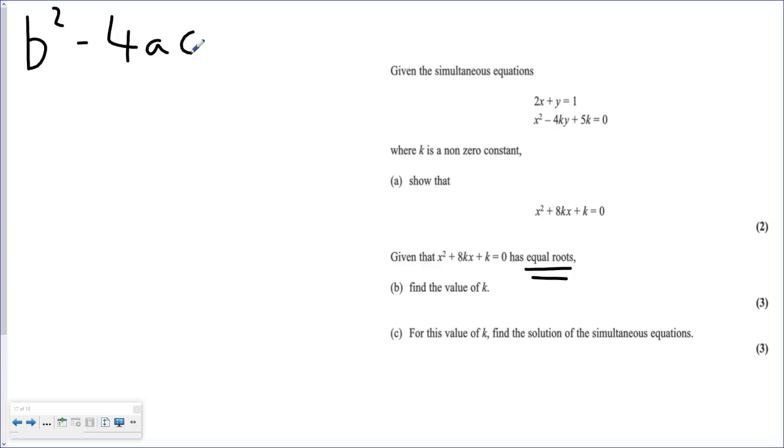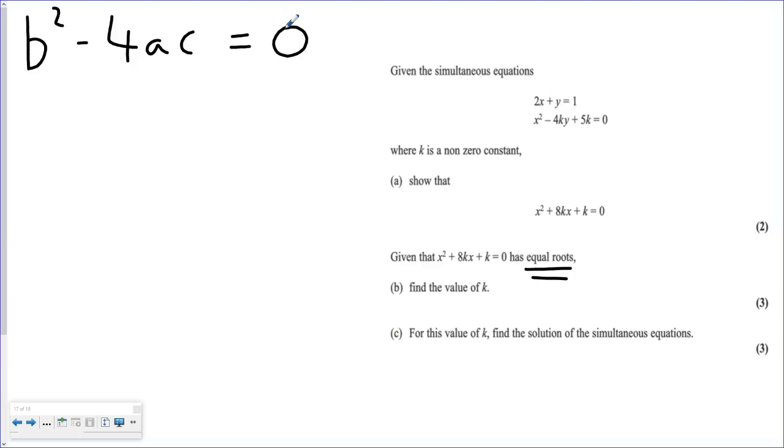This will tell us how many roots, so how many places where it crosses the x-axis an equation will have. So if b squared minus 4ac equals 0, there is only one root in this scenario, because if you think about your quadratic equation, the b squared minus 4ac, that's the bit in your square root. If it equals 0, then there's only one solution.